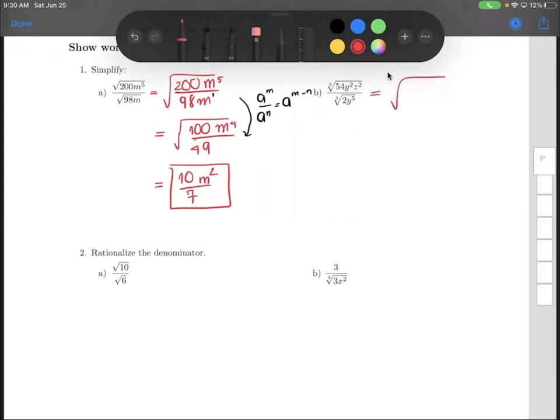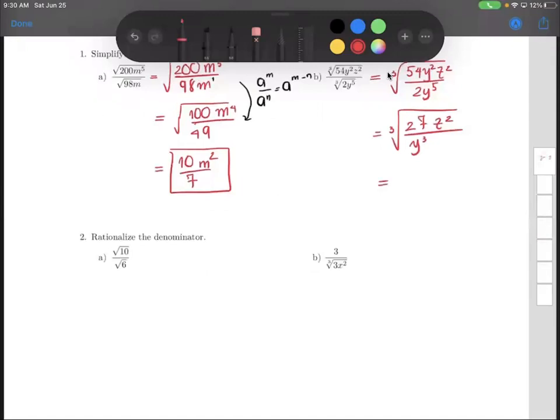So cube root of 54 y squared z squared over 2 y to the fifth. 54 divided by 2 is 27. And then y squared and y to the fifth simplify as y cubed, which is going to be in the bottom, and then z squared.